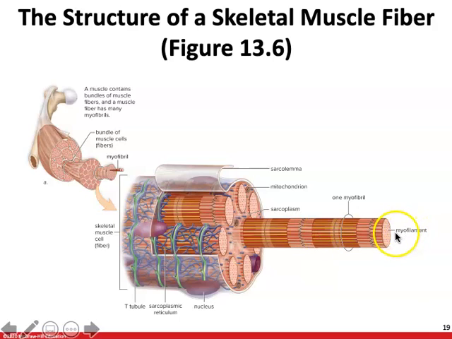Those are made up of even smaller cylinders called myofilaments. So the muscle cell is actually a set of small cylinders, myofilaments, assembled into larger cylinders called myofibrils, all clustered within the largest cylinder, which is the muscle fiber. So here we have our muscle fiber broken down into myofibrils, broken down into myofilaments.